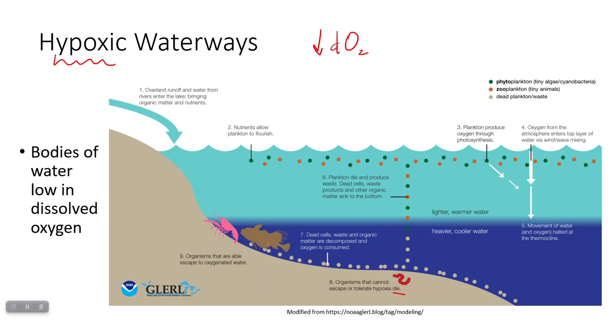If organisms are able to escape the hypoxic areas, then they'll move out of the way. But if you have an organism that's not mobile or can't move fast enough, then it would die in that area. This can, of course, cause huge impacts on the ecosystem. You'll end up having the food chain disturbed. That affects industries in that area if there's a fishing industry there. So that can be a really big problem.